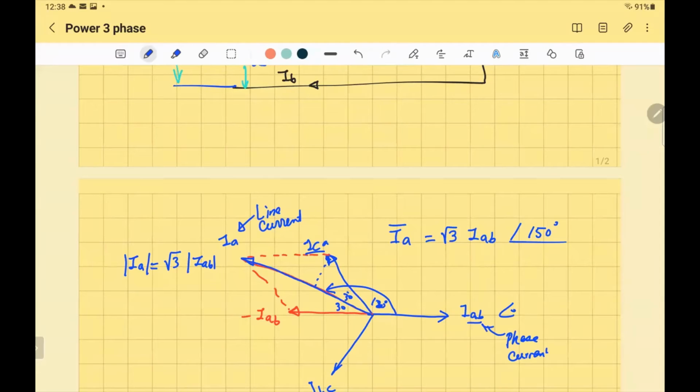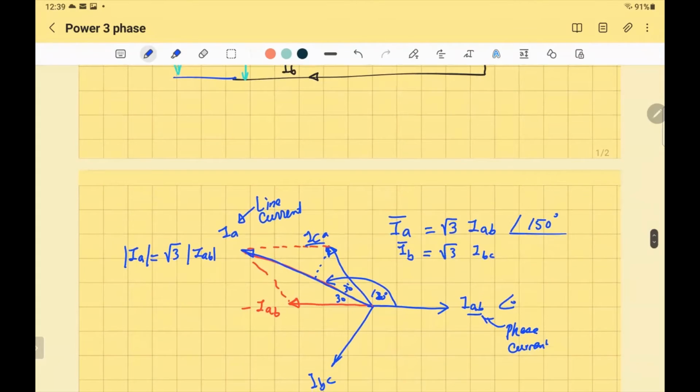Of course, you can find the rest of the currents. IB will be root 3. All the magnitudes are the same, so you don't have to write the magnitude of IAB, IBC separately. We call it I. That's the root mean square of the phase current.